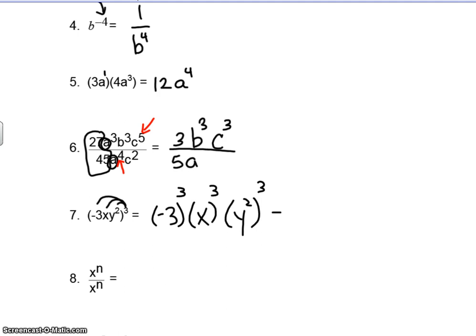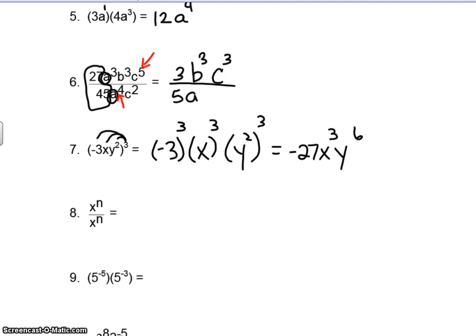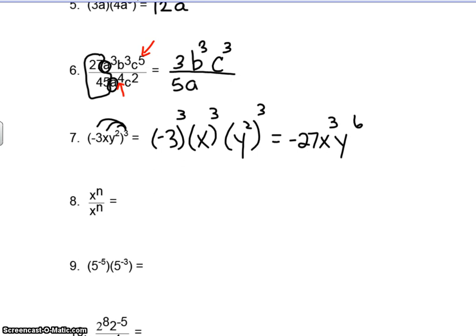That's going to give me negative 27 x cubed y to the 6th power. Number 8, this is a division problem and the bases are the same. So x to the n minus n is x to the 0, which equals 1.